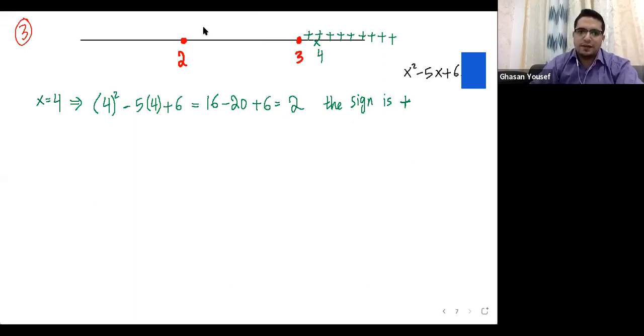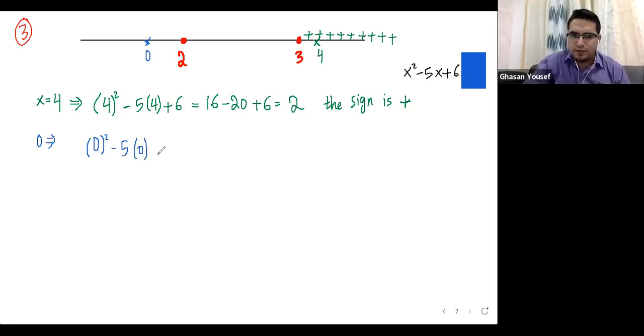Now let's pick any number less than 2. Give me an easy number, 1. What about 0? Yes, 0 is easier. So I'm going to pick the 0. Now plug the 0 inside the equation, x squared minus 5x plus 6. 0 squared minus 5 times 0 plus 6.